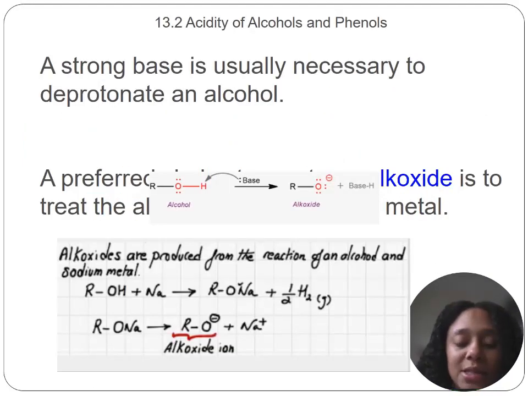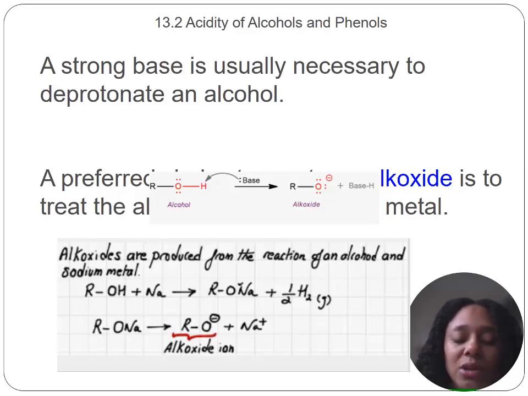So the last thing before we talk about some mechanisms: the major thing that we'll talk about is using strong bases to deprotonate alcohol. In your textbook, they talk about how you can use strong bases like alkyl lithium or lithium halides to deprotonate alcohol. That's just an acid-base reaction you saw in organic 1.